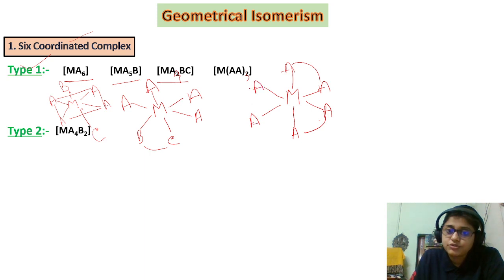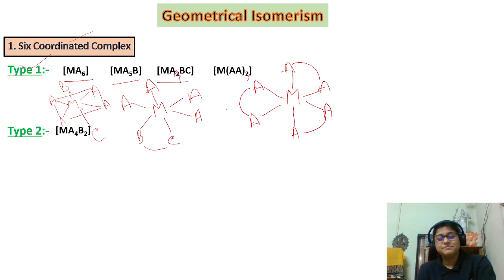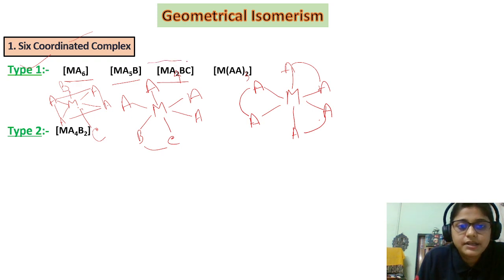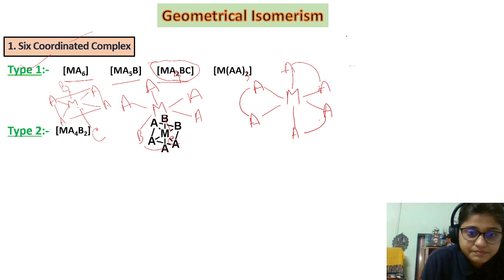These two are also connected, right? So here also all the angles and all the atoms are same. So no isomers present. I think this I have mistakenly taken here. So in this group, all the complexes have no geometrical isomerism. Okay.